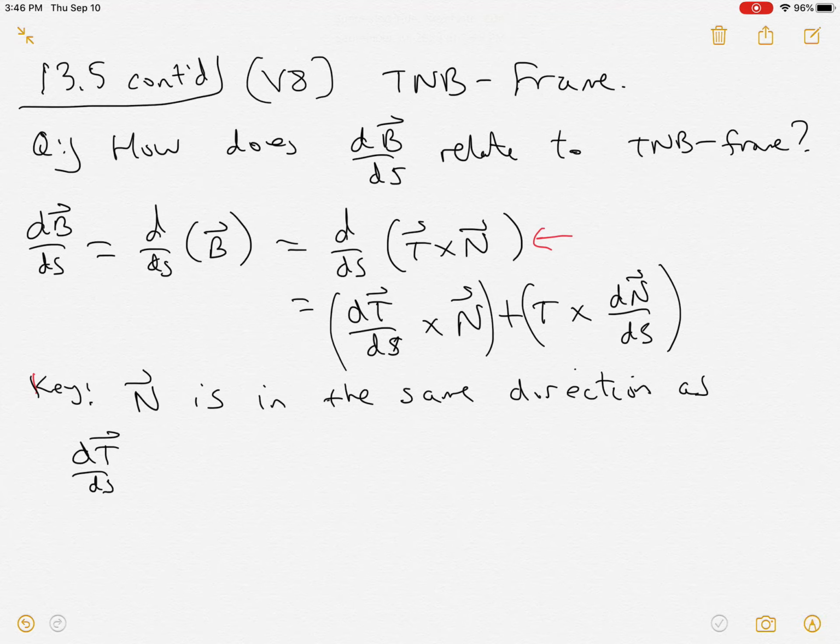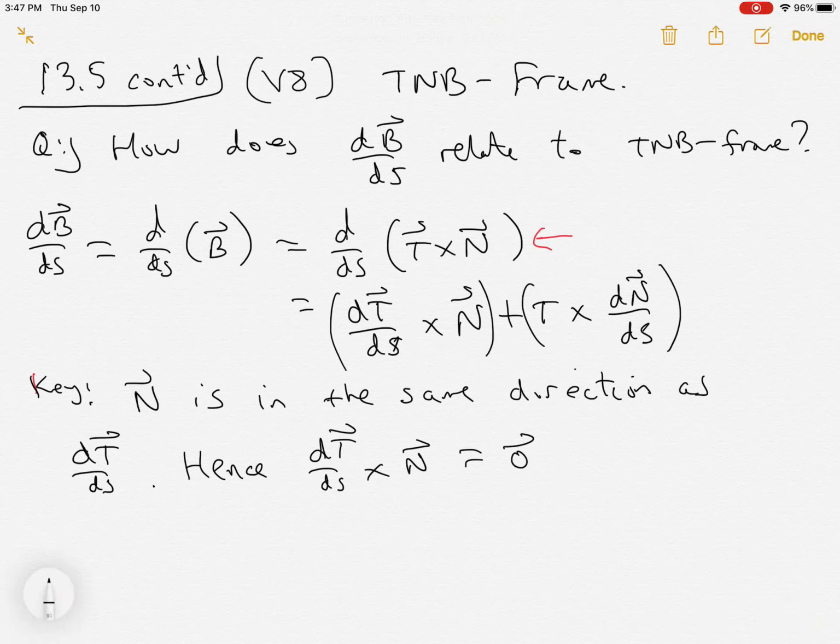Which brings it inward. So dT/ds and N are parallel, hence dT/ds cross N is equal to the zero vector. That's because these two guys are parallel.